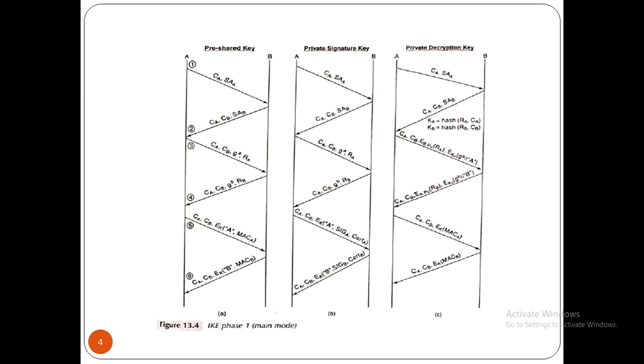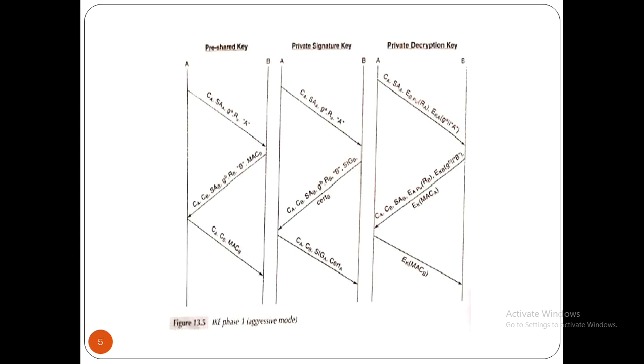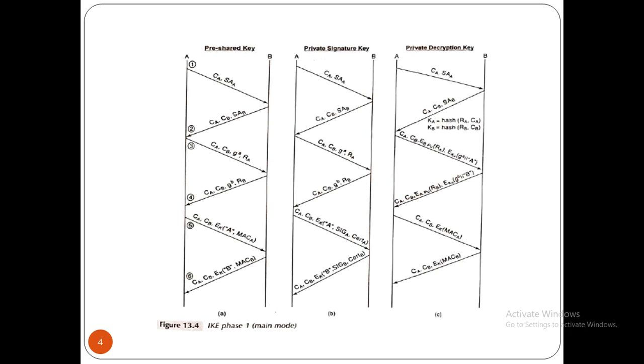So initiator A and responder B are going to exchange 6 messages, namely 1, 2, 3, 4, 5, 6, as shown in diagram A. While the aggressive mode uses only 3 messages, which I am going to cover in the next slide, with only 3 messages exchanged between the initiator and the responder.